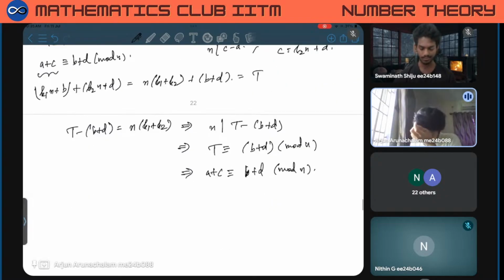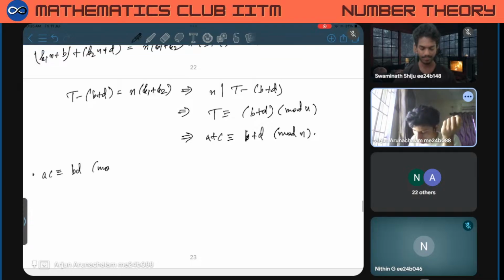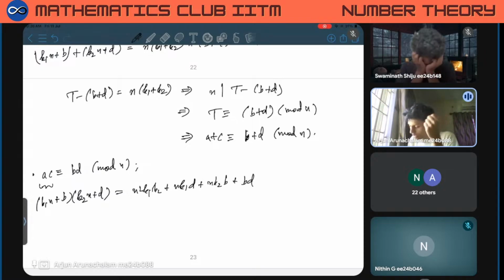Now the second part of this, that AC is congruent to BD mod n. Right. So just assume the same thing. So we write this as k1 times n plus B and k2 times n plus D, and this is equal to n squared k1 k2 plus n k1 D plus n k2 B plus BD.